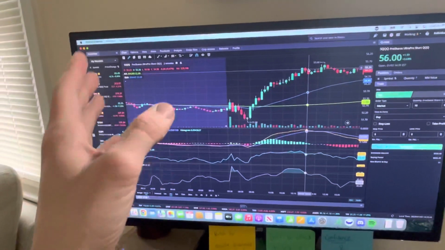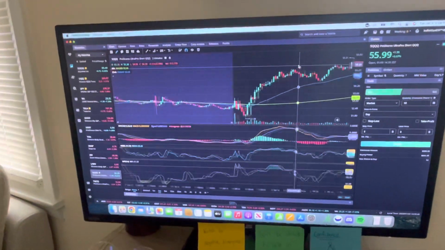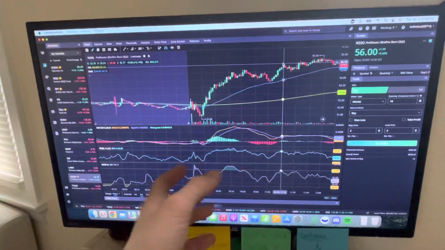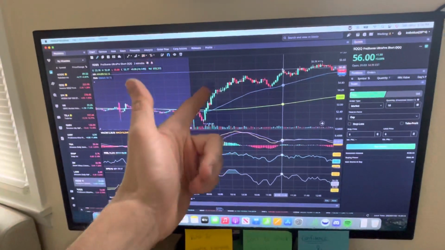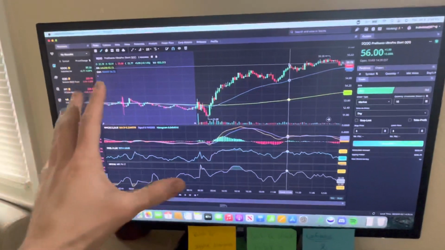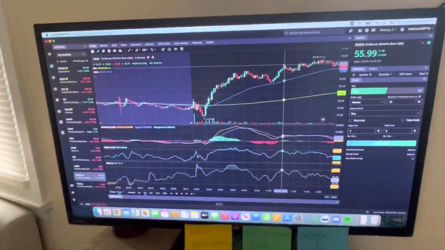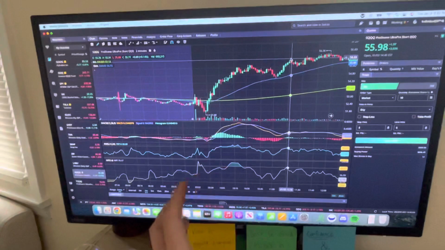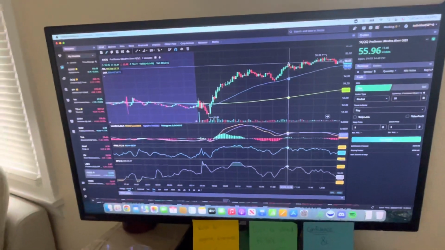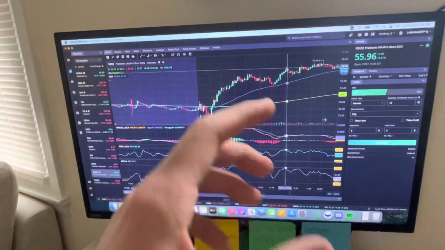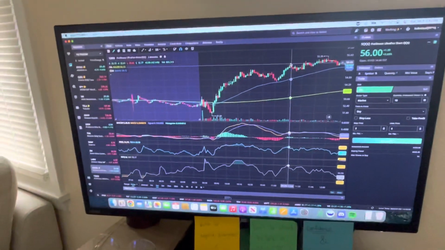I did trade one more trade after this. It was kind of a stupid move, and I just lost a little bit of money, but it wasn't anything near what I made on this move up. So I made about 1.6% off of this initial push up, and then I think I lost about 0.02 or 0.03% on the move that I took later in the day.